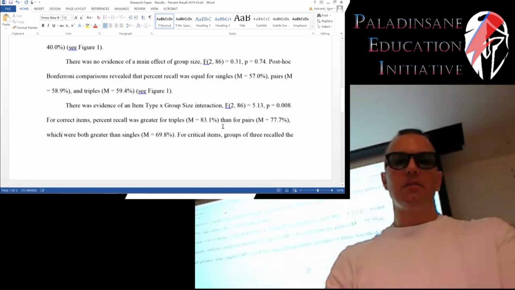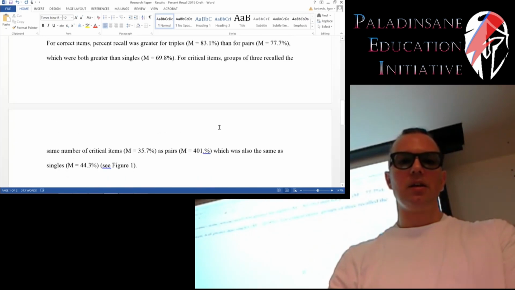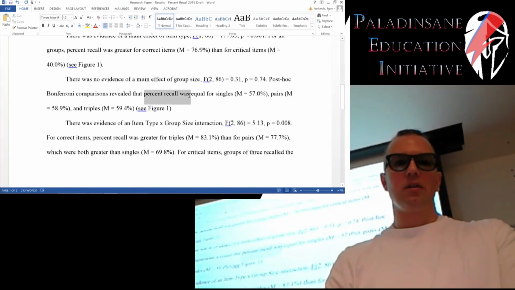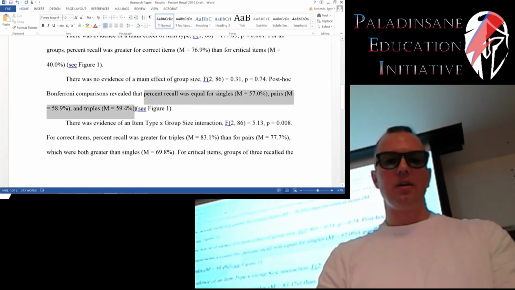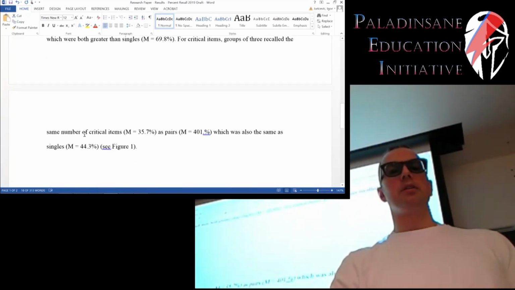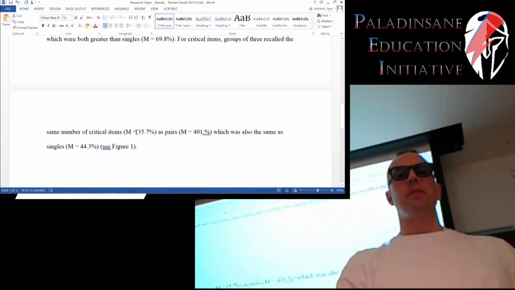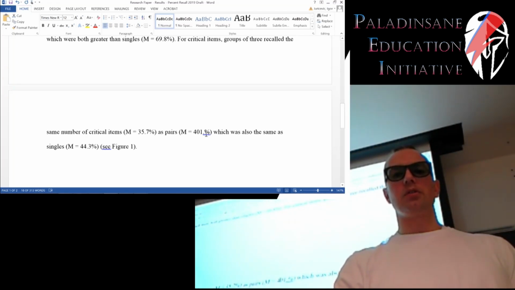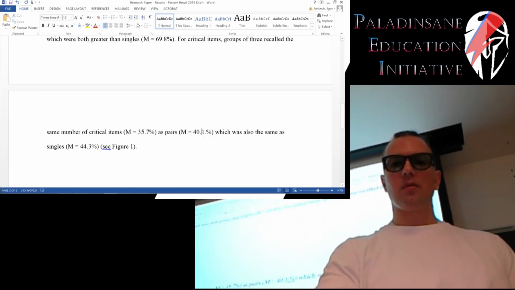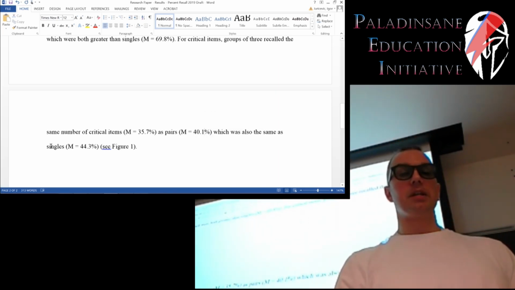All right, and then for the last one, we have percent recall. You know what, let's just use this one right here. For this last one, it goes groups of 3 recalled the same number of critical items as pairs, which was also, let's get that point 1 there, which was also the same as singles.